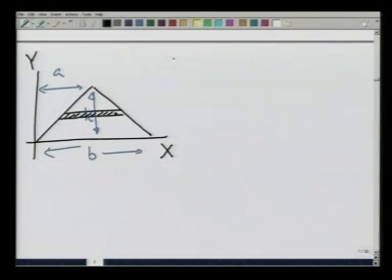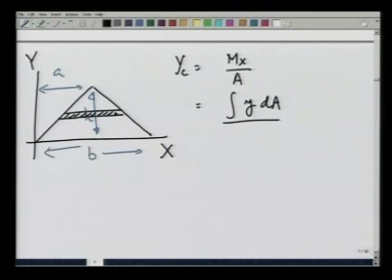Recall that y c is equal to m x divided by the area, which is integration y dA divided by the area. So, at a height y, I take this small strip multiplied by y and then calculate the area.